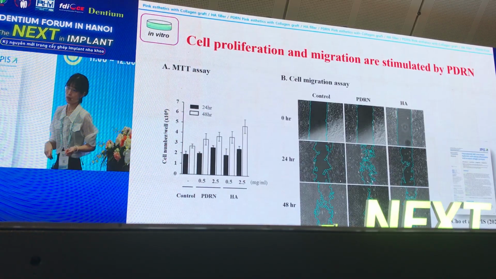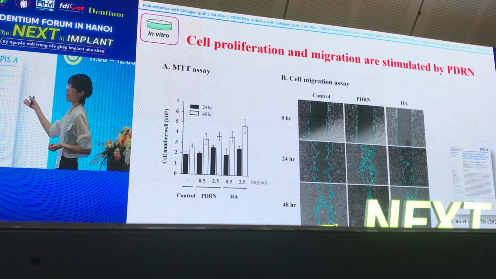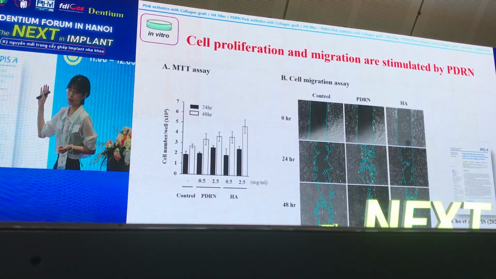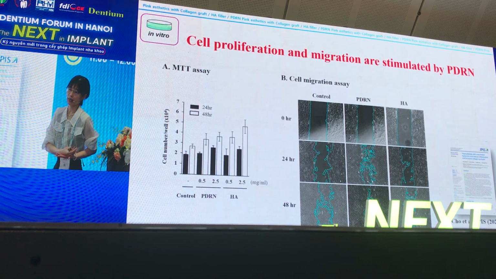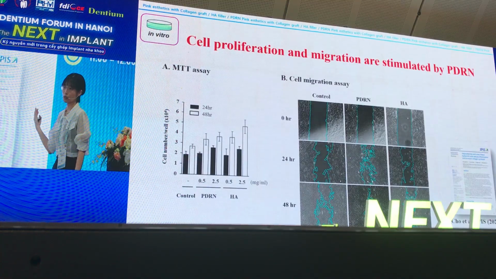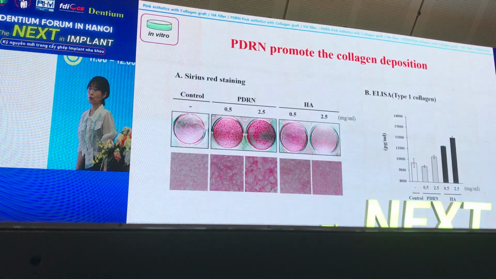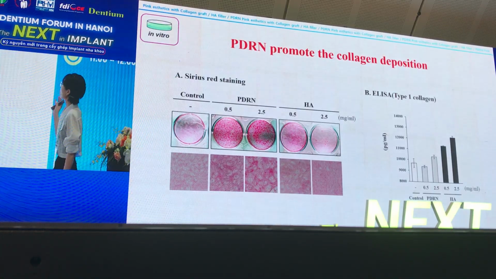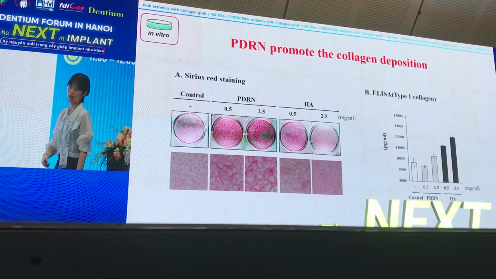experiments. When I compared PDRN with HA, cell proliferation increased when I used PDRN. Also, cell migration was faster with PDRN than HA. PDRN also promoted collagen deposition compared to HA.